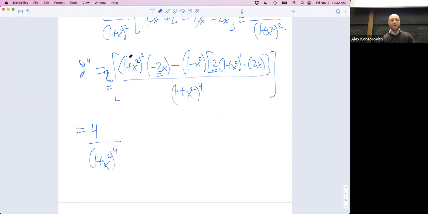Let me pull out a 1 plus x squared from the numerator. So this I've taken into account, and this I've taken into account. What's left is negative x times 1 plus x squared, so that's negative x times 1 plus negative x times 1 plus x squared times x squared. So now I've taken this whole thing into account.